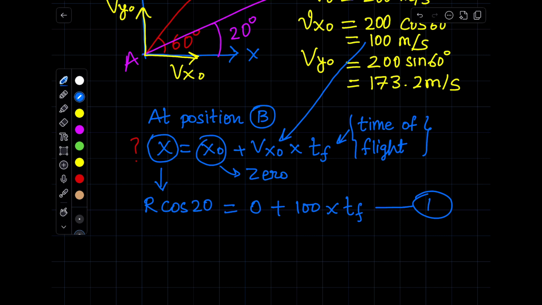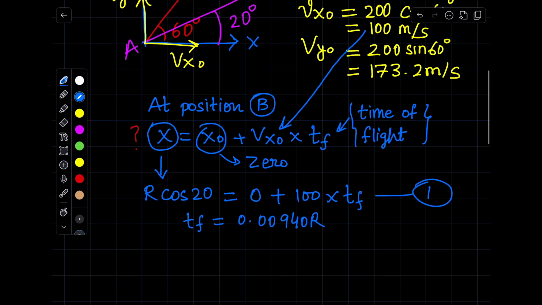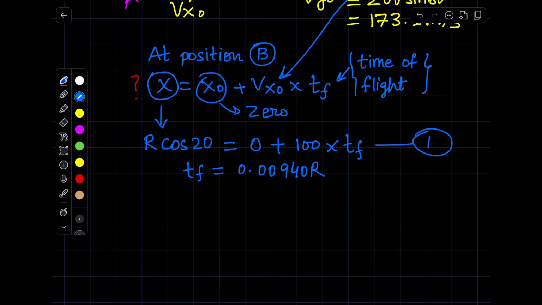This is our equation 1, and in this equation you can see that there are two unknowns, R and time of flight. So we can make a correlation like TF is equal to 0.00940 R.